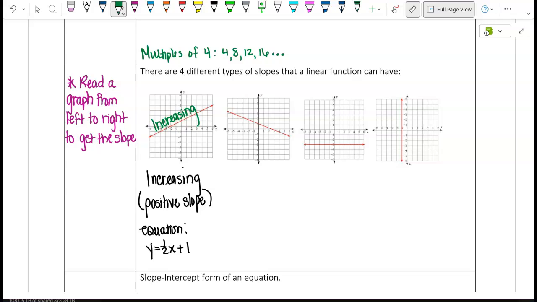The next one, as we read it from left to right, it is decreasing, which means it has a negative slope.